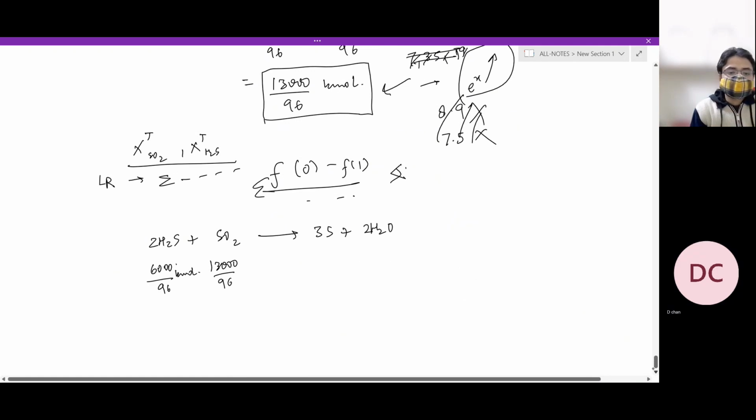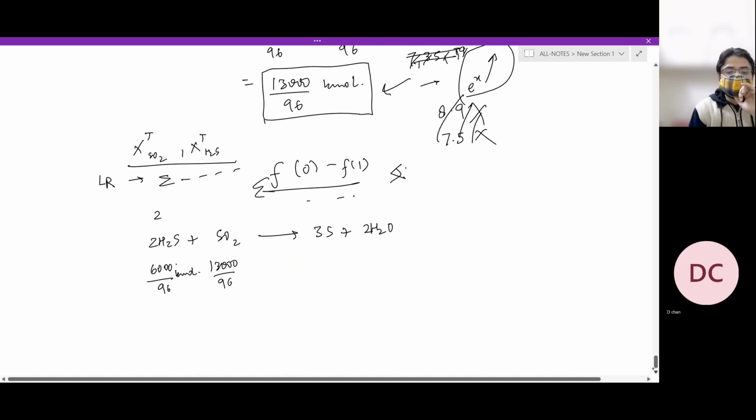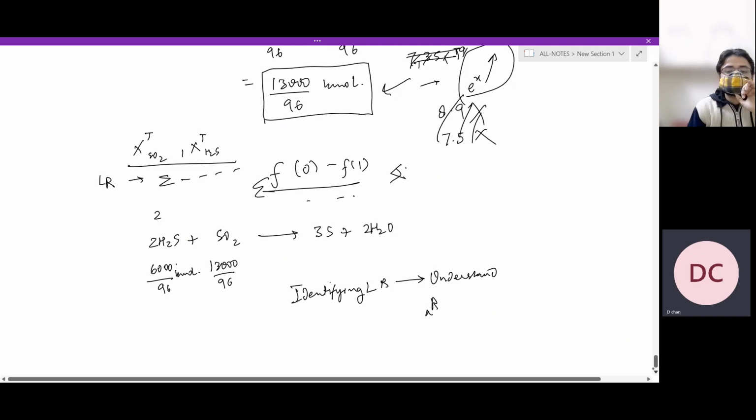Okay? Okay, sir. Now, you need to be really careful at this point. The reaction for identifying the limiting reactant, okay? Yes. You need to understand the reaction's desires.